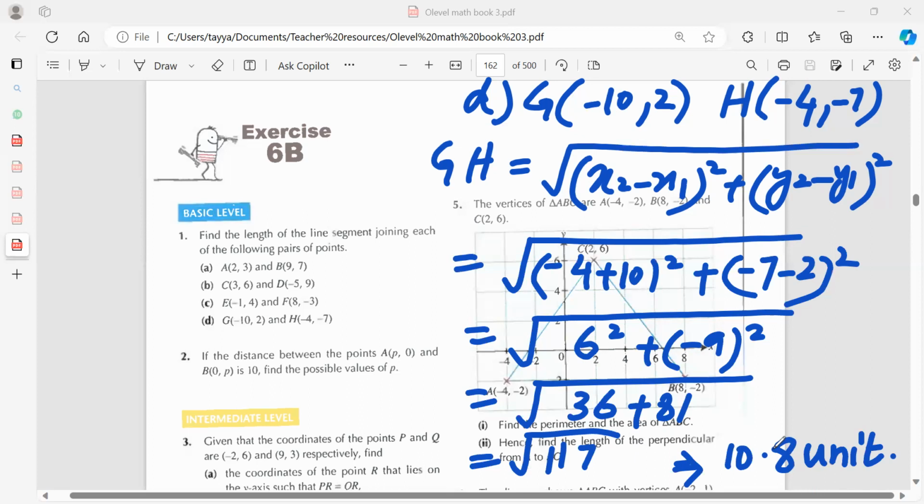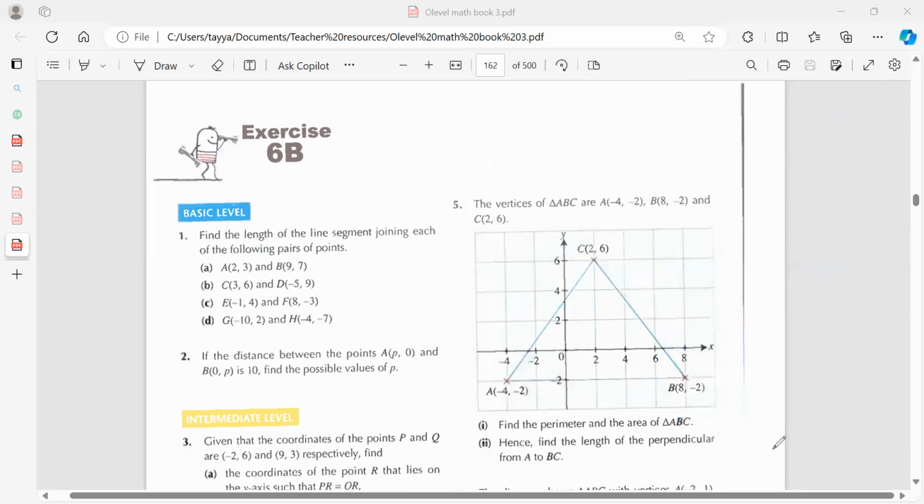Okay. Now, next question is, if the distance between the point A and B is 10, now the distance is given, find the possible value of P. So for question number 2, here the distance of AB is given.